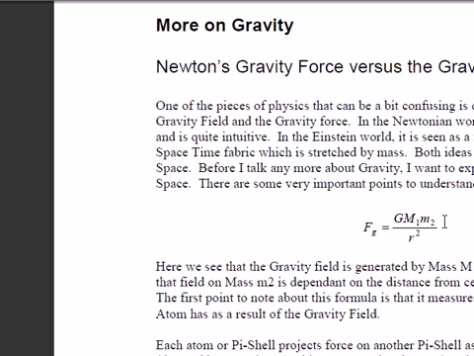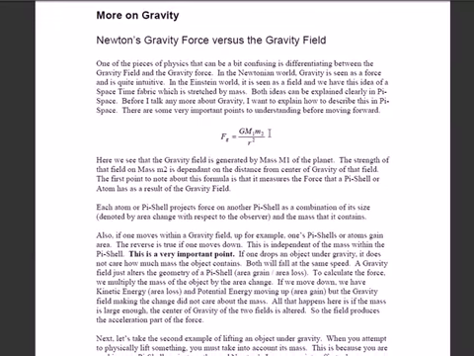So for a planet, we can then say that the gravitational acceleration, if it has a radius r, is G times m1 over r squared. That's pretty straightforward. You can see that the acceleration component is generated by G times m1 over r squared, and then the mass component is m2.